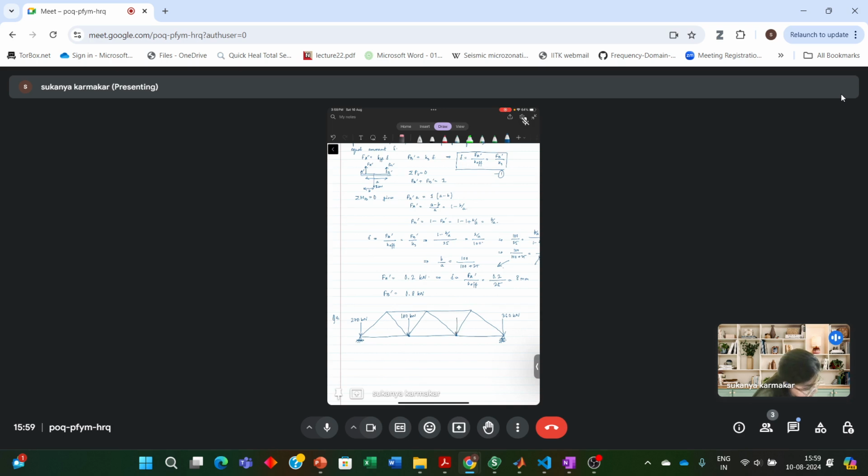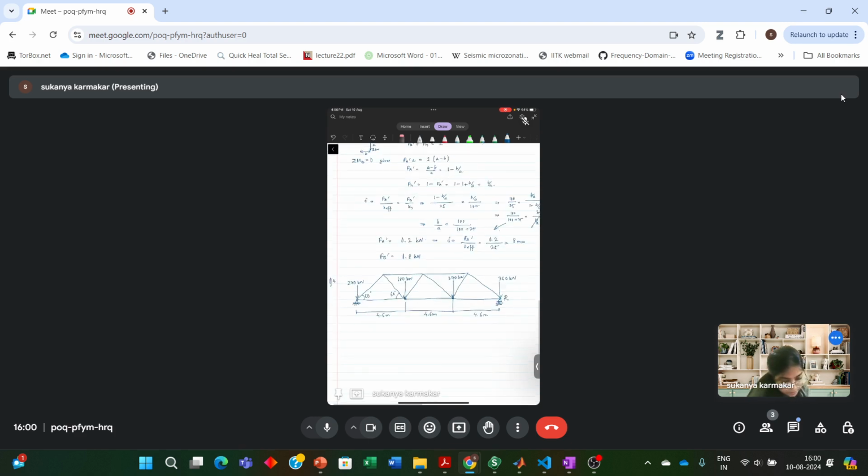And again, here you have a point load of 270 kilonewton. These angles are 60 degree each. And this distance is 4.6 meters. This is point R. So we have to find, because of this application of load, how much does the point R move horizontally. And it is given that all members have a cross-sectional area.